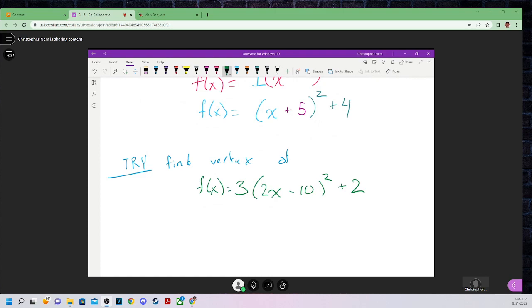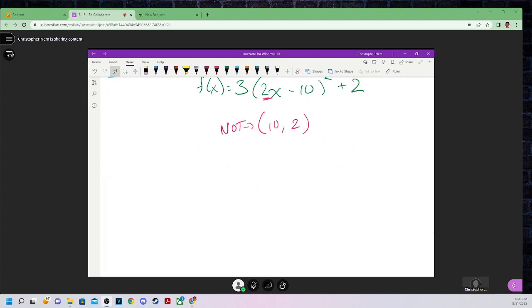Students were not able to find the vertex, or they were not able to find the correct shifts. And I'll give you a hint. It is not 10 comma 2. It is not this. This is not your vertex. This 2 does play a role. Figure out what that role is. So, moving on.